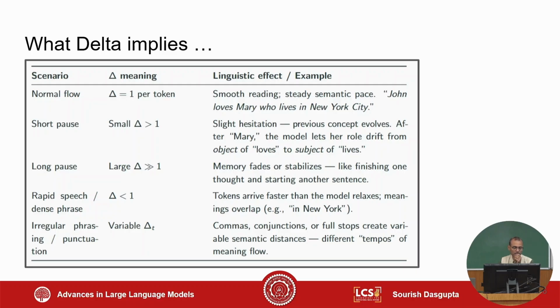And variable delta, which means irregular, makes it very difficult to understand what you are trying to say. So it's a very incoherent conversation, an oscillating delta. Sometimes it's greater than 1, sometimes it's less than 1, and so on, right?